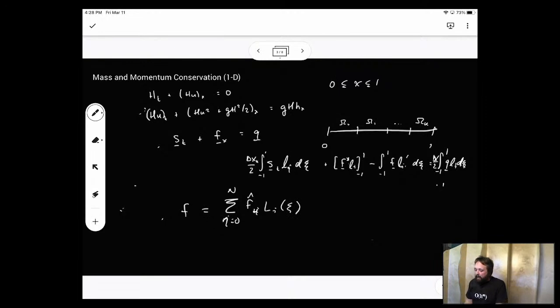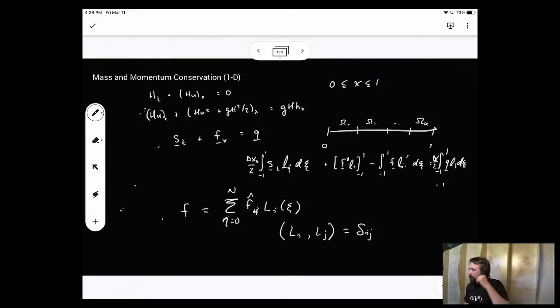And the bases that folks usually try to choose are orthogonal. What I mean by orthogonal is they satisfy the property that the inner product of L i and L j, which are two different functions in that basis, if I do the continuous integral, is going to have this Kronecker delta property.